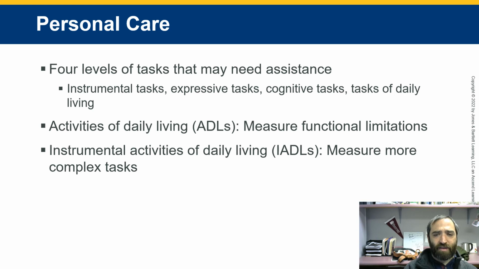Instrumental activities of daily living, IADLs, measure more complex tasks. So it may be that on the surface the person can present well and it seems as though they can do everything, but instrumental activities would include more complicated things like arranging to go to the doctor, and that's going to require not just arranging it with the doctor's office, but arranging it with the person who is going to be driving you, and arranging it so that you're not going to be missing a meal with the meal delivery service.